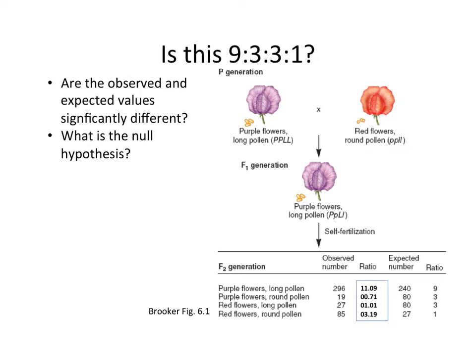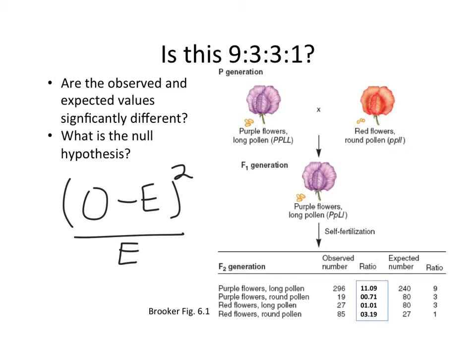So somebody remind me, chi-square test, what do? What's the formula for a chi-square test? Observed minus expected squared divided by expected. Right.